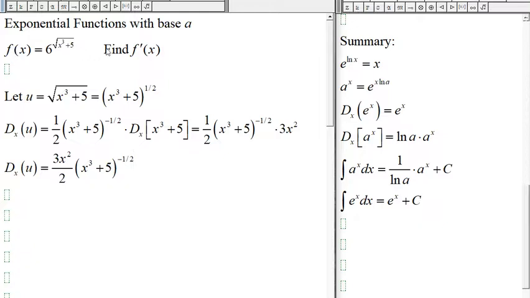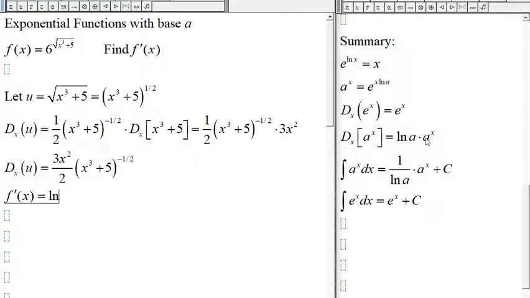And so now we need the derivative of the function right here. So this is 6 to the u, and the derivative of a to the u would be ln a times a to the u.